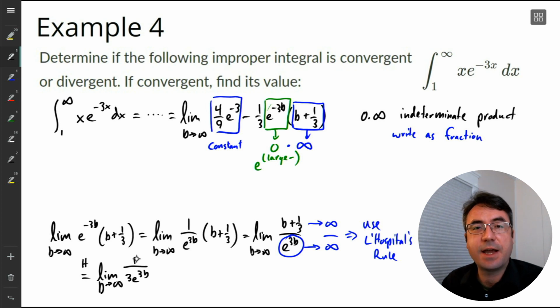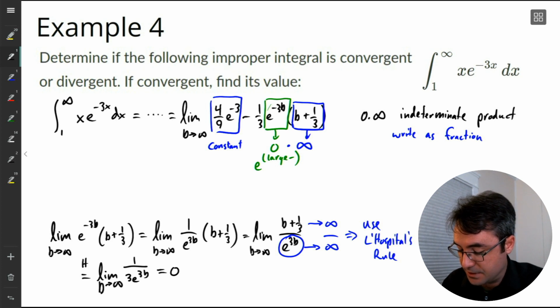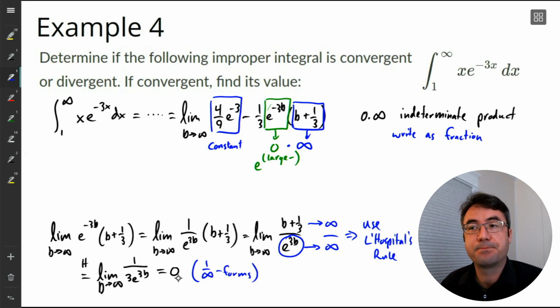And we have this fraction now where we have 1 over an exponential, and that exponential term is getting larger and larger. So this is equal to 0. And that's one of our 1 over infinity forms, which we know all go to 0.